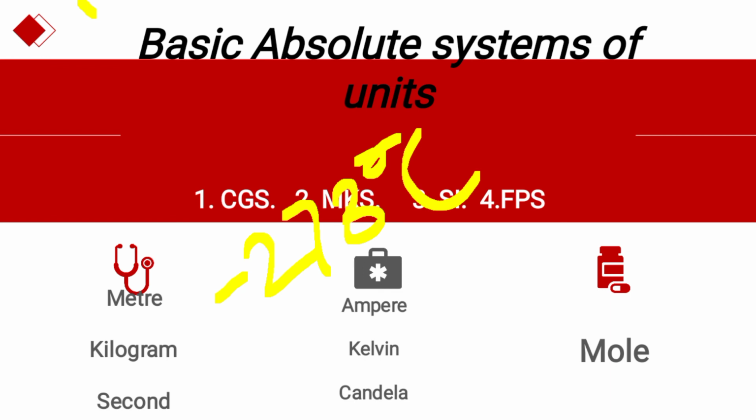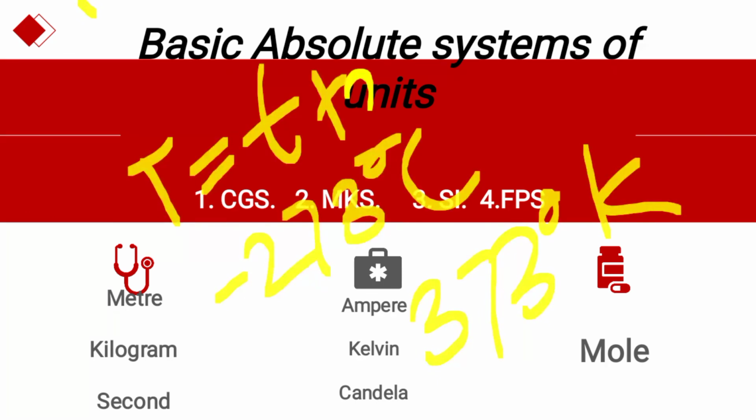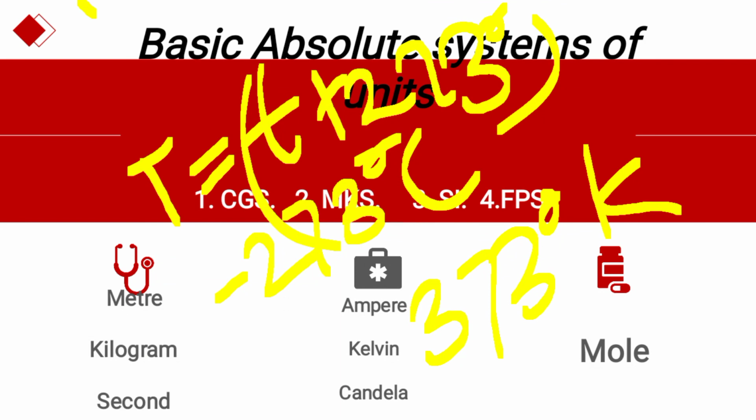The boiling point of water is 373 Kelvin. If we are taking this with the degree Celsius, then what is the formula? It is T plus 273. We have to add just 273 to the degree Celsius, then we will find the Kelvin.